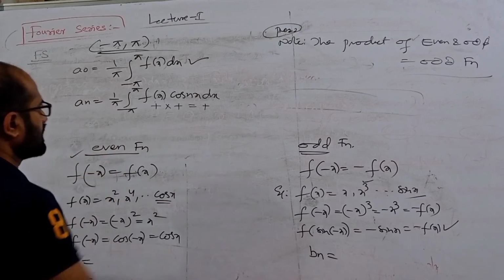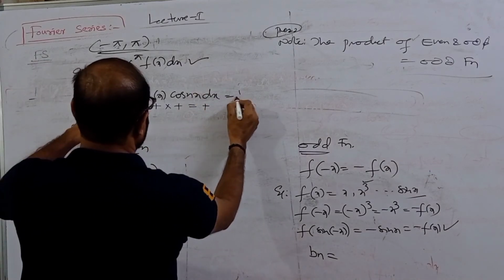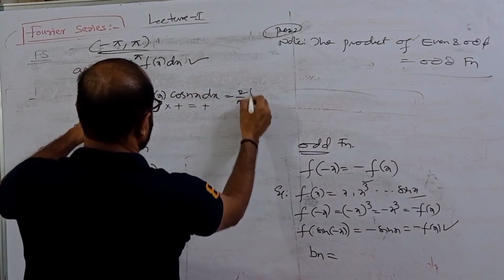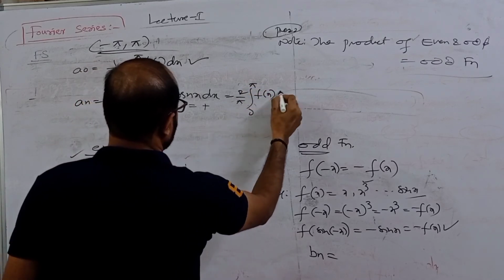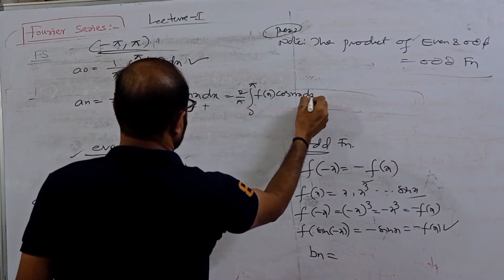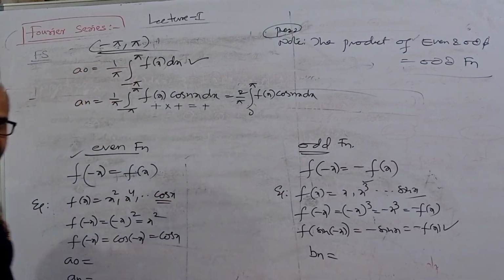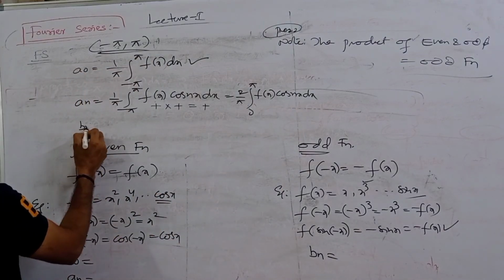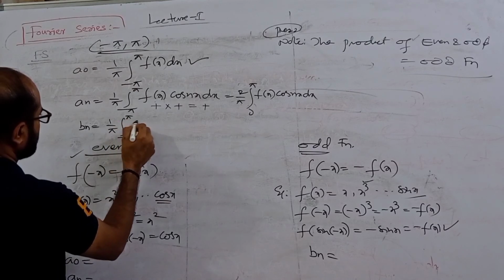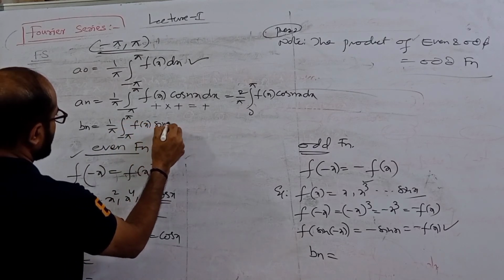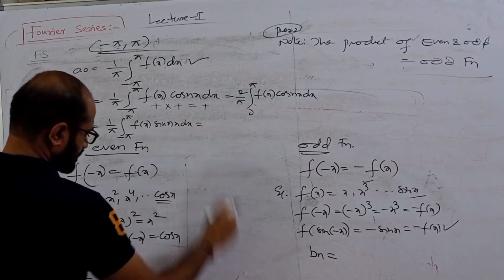Since it is an even function, according to the first property, you can write this as 1 by pi into 2 times the integral from 0 to pi of f of x into cos nx dx. It cannot be 0. If you write bn, 1 by pi into the integral from minus pi to pi of f of x into sin nx dx.